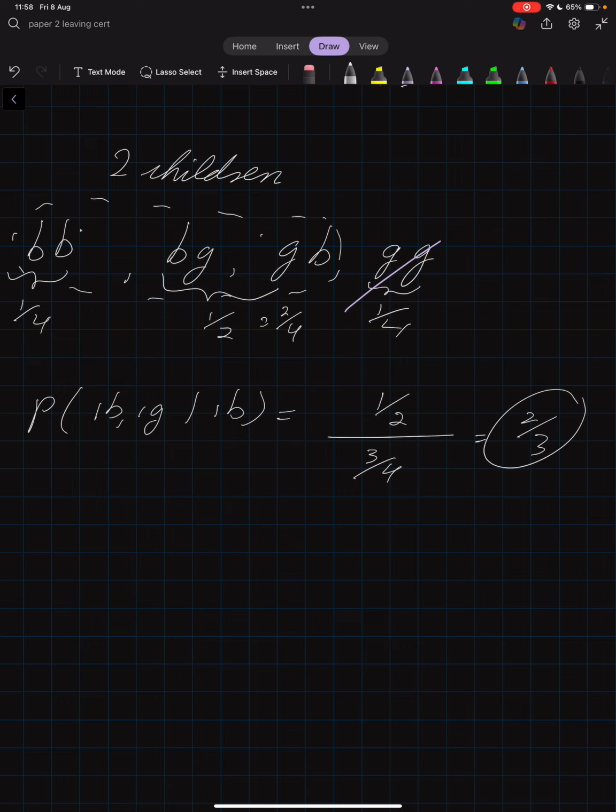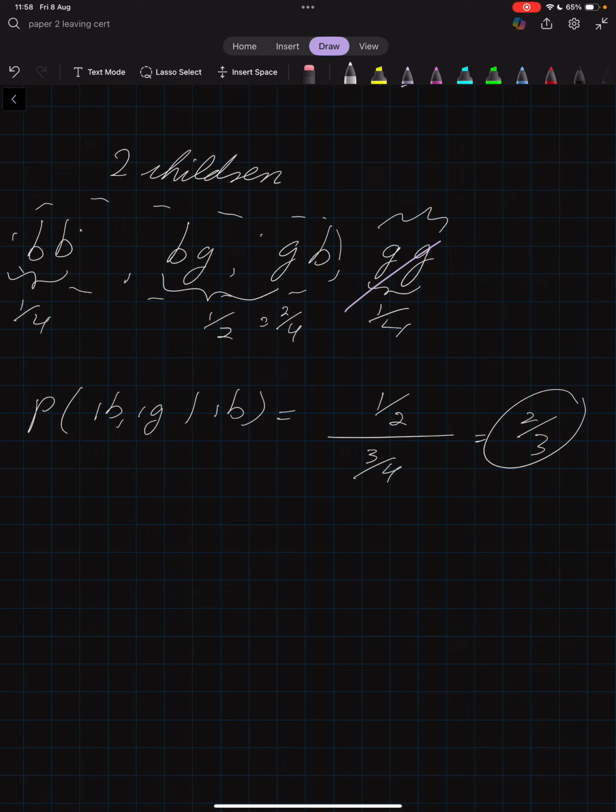But that's one of the things with conditional probability: because you're given new information, you can get rid of some of the probability because you know that it doesn't happen. Then you can say, okay, what's left now? 2/3 of the options now have 1 girl.